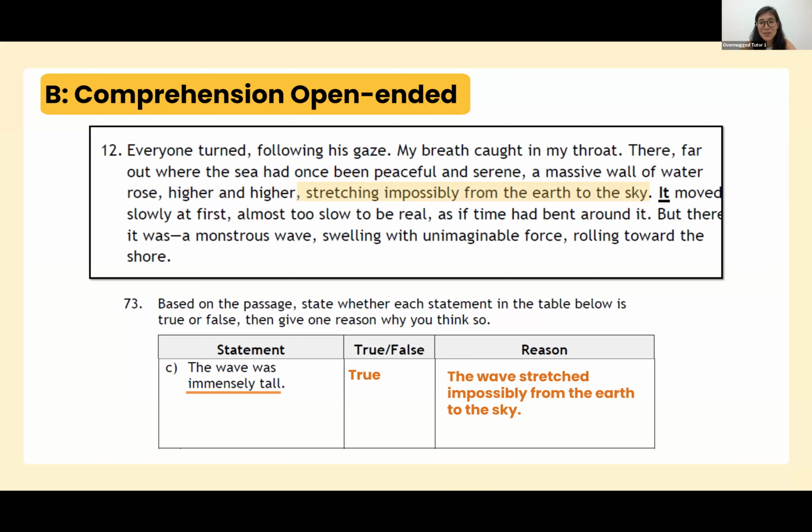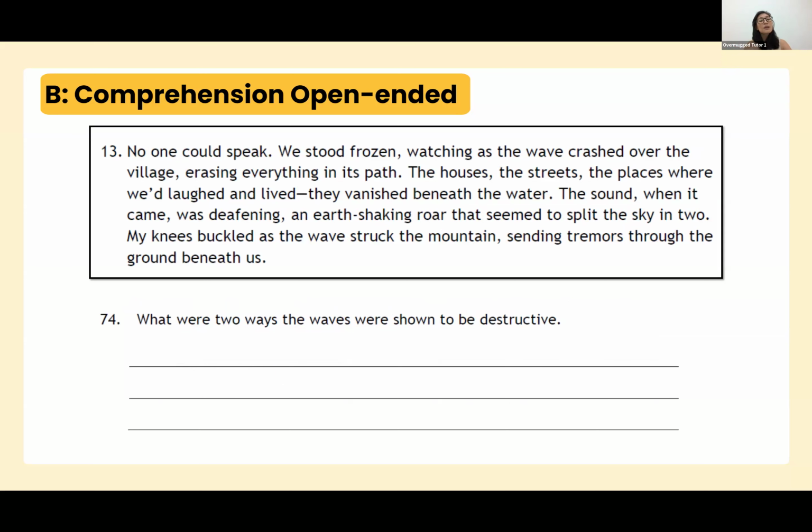That brings us to question number 74. Question 74 asks, what were 2 ways the waves were shown to be disruptive? Now, you are supposed to find for me 2 ways that describe the disruptive waves. But this is a nice question because there are in fact 3 things that you can point out.